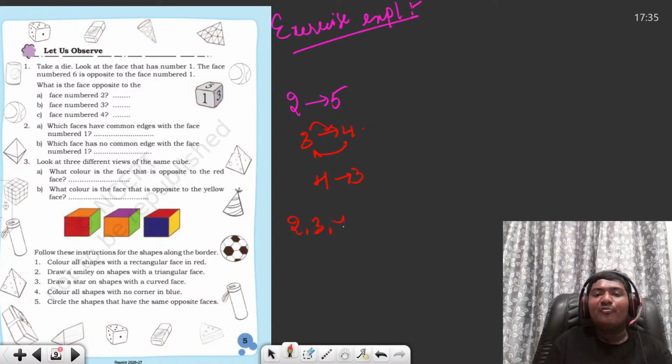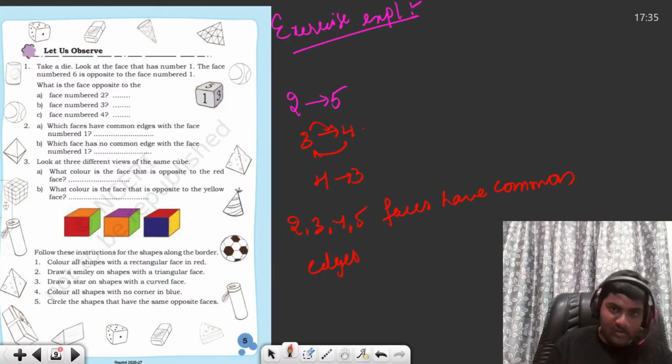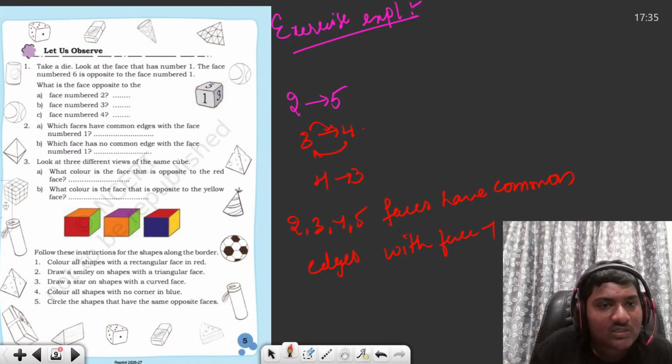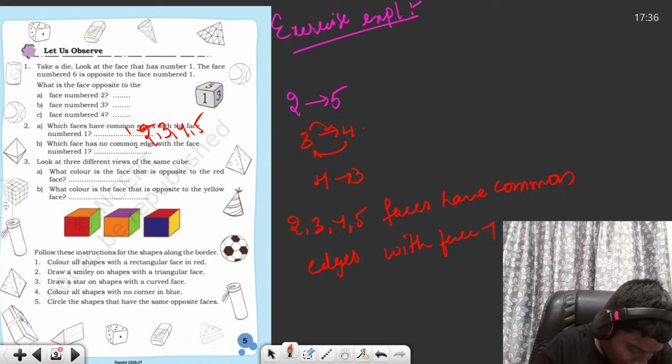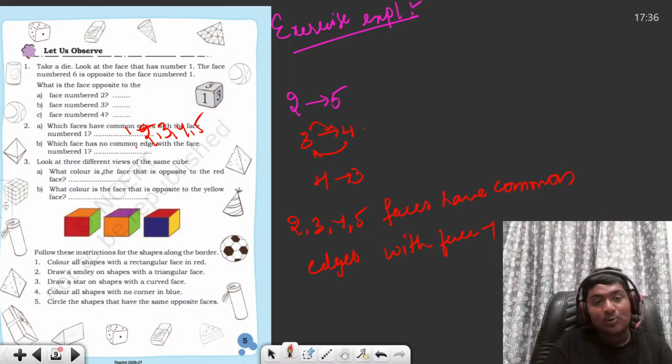And which face has no common edge with face number 1? Face 6, because it is the opposite. So face 6 has no common edge with face 1.